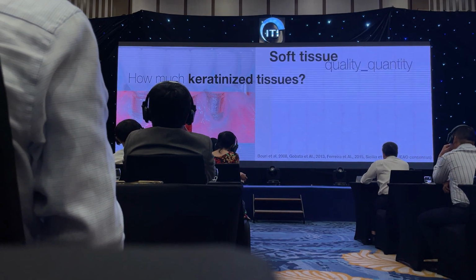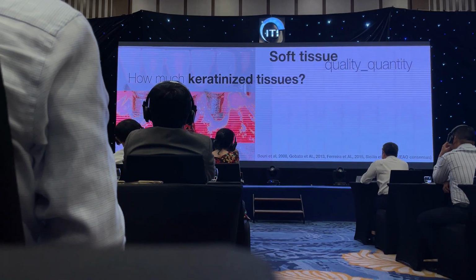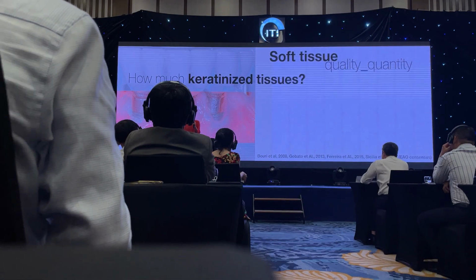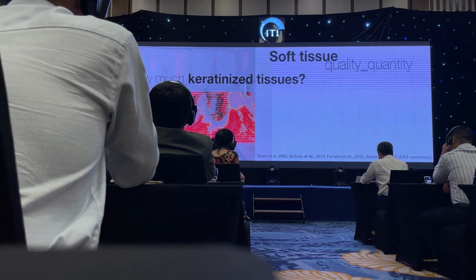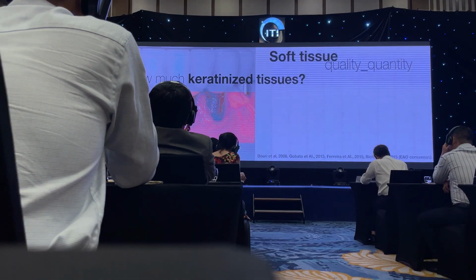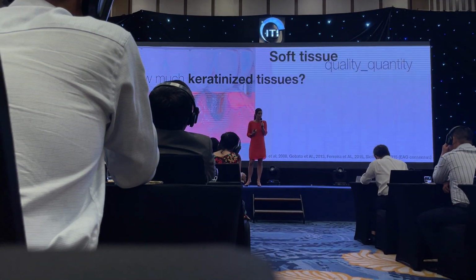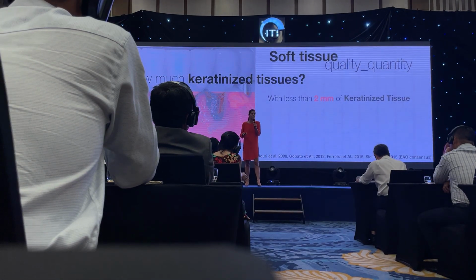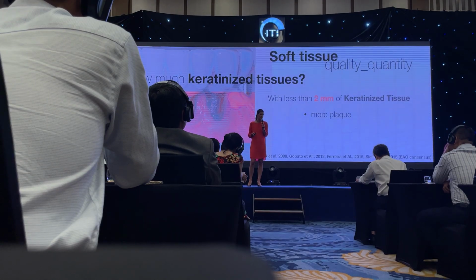First, we talk a lot about the keratinized tissue. How much keratinized tissue do we need around the implant? Do we actually need keratinized tissue? And obviously, when you look at this picture, you see that we have quite a lot of plaque accumulation, and actually there is evidence that with less than 2 millimeters of keratinized tissue, we have more plaque.